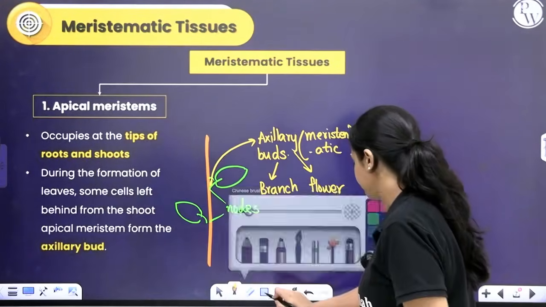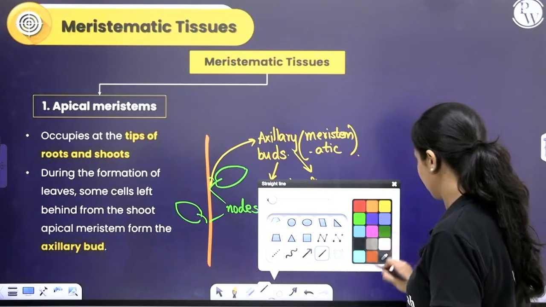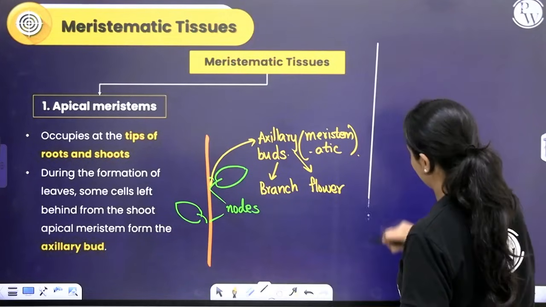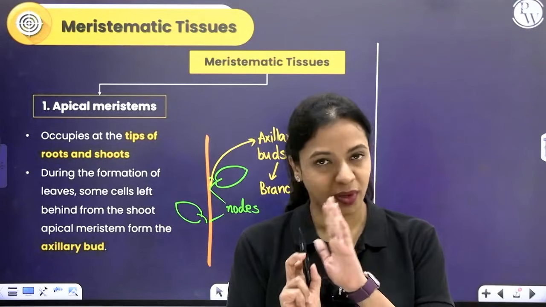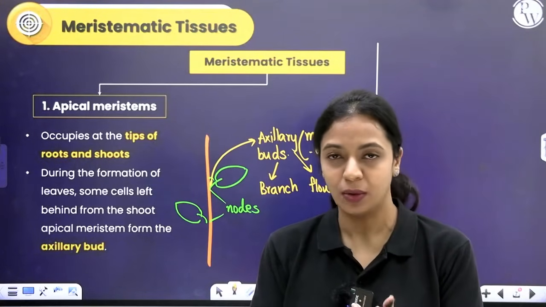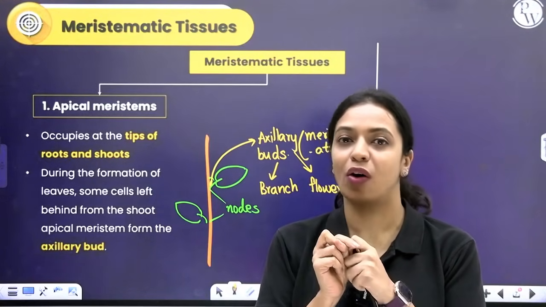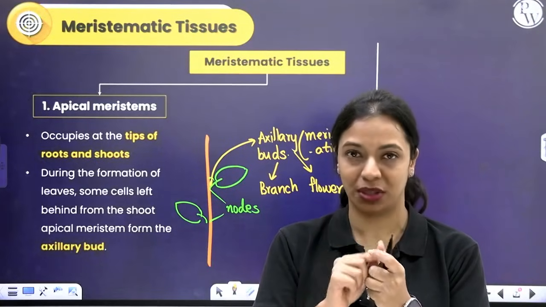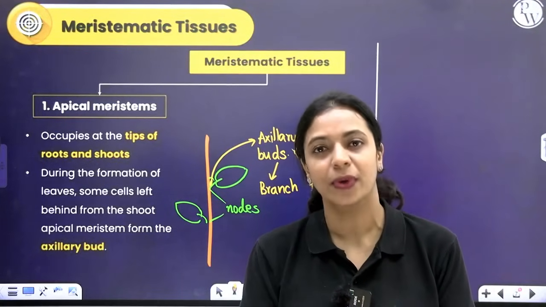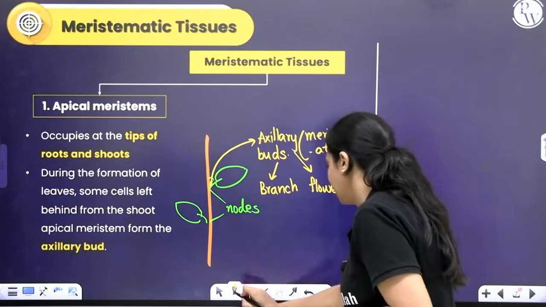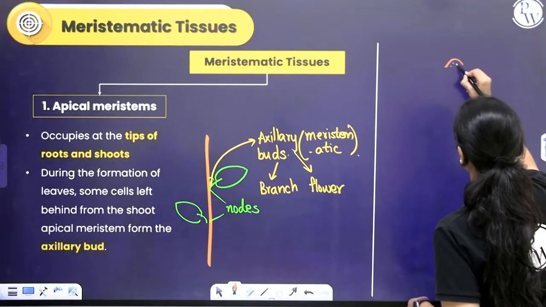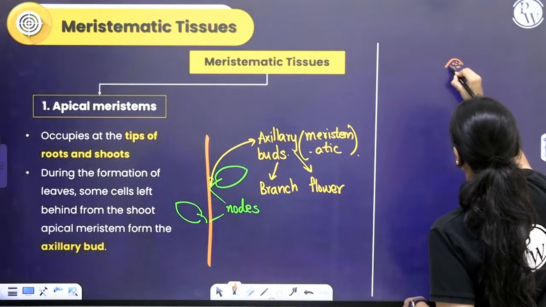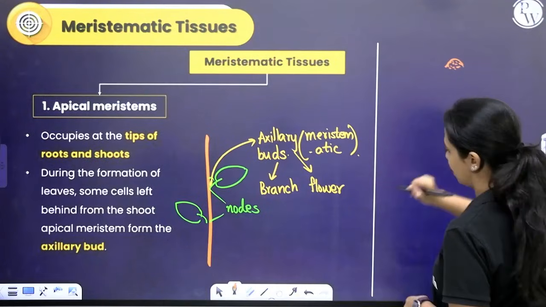We'll try to understand that. Let's take the shoot tip. If you look at the shoot tip very closely, of course, when you look at it with your naked eye, you will not be able to make out. But if you cut the shoot tip and look at it under the microscope, you can see that at the tip, you will have meristematic tissue.